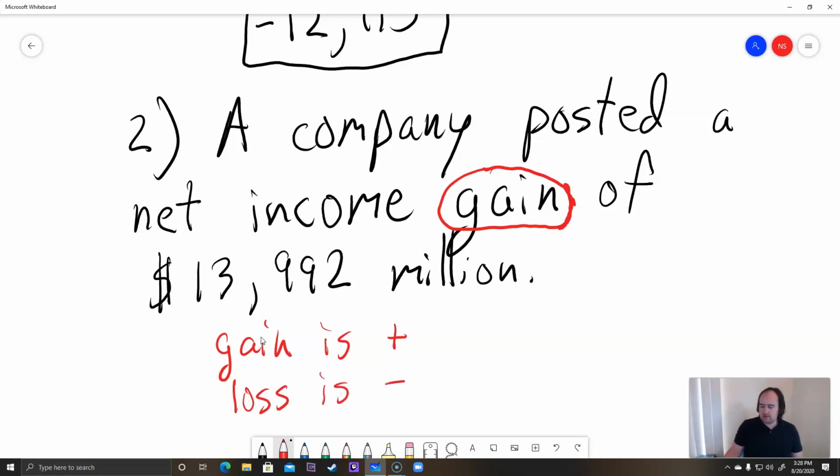If you lose money, that's a negative integer, whereas if you gain money, that's a positive integer. So the answer they're looking for is positive $13,992 million.